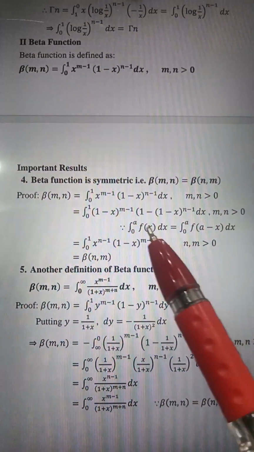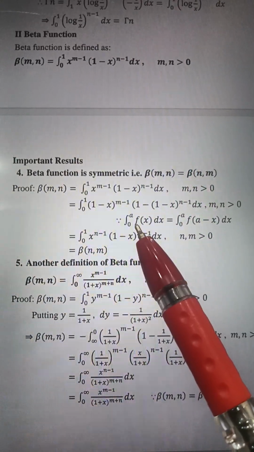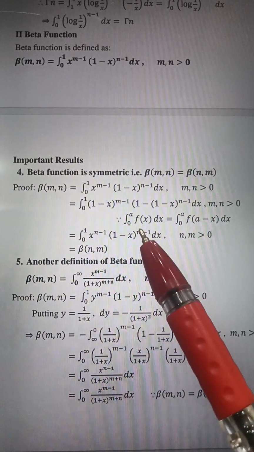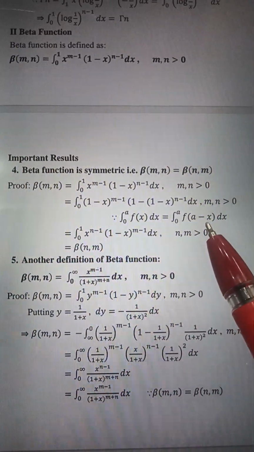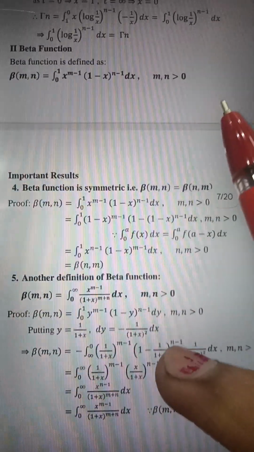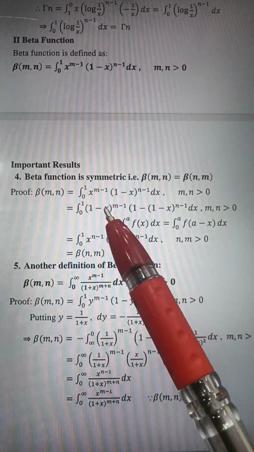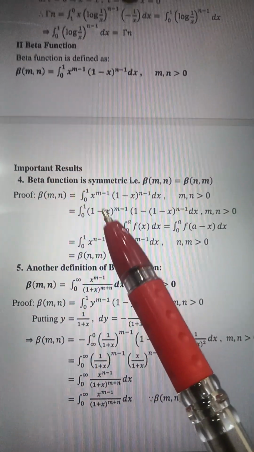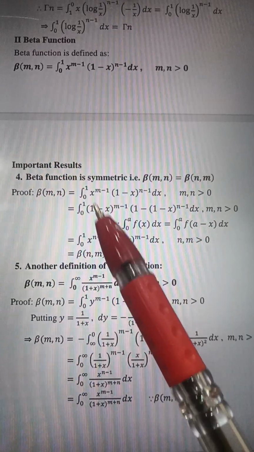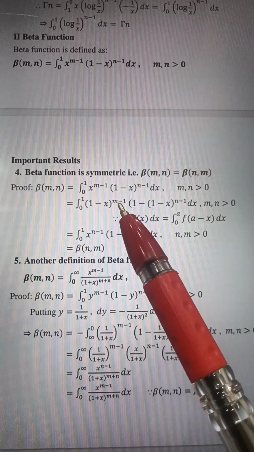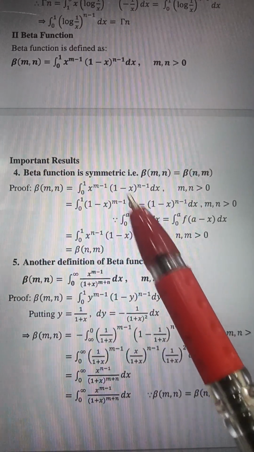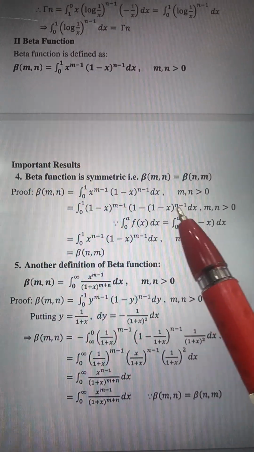So as you know, you have learned in 12th class that the integral from 0 to a of f(x) dx equals the integral from 0 to a of f(a-x) dx. This is the result of class 12 and we are using this result in this proof. 0 to 1, in place of x we can write 1-x: (1-x)^(m-1) as it is, and 1-(1-x)^(n-1).